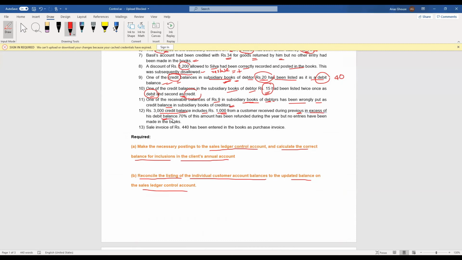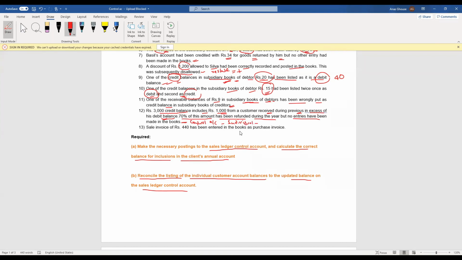So in excess of debit balance he paid. Subsequently 70% of this amount has been refunded during the year, but no entries have been made in the books. So which means the control account and the individual account balances are not updated.